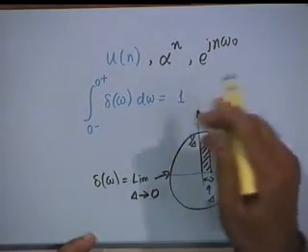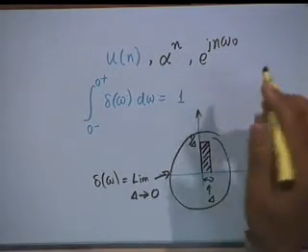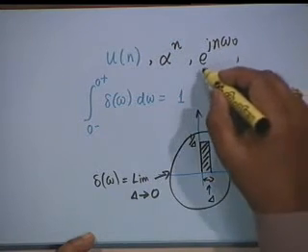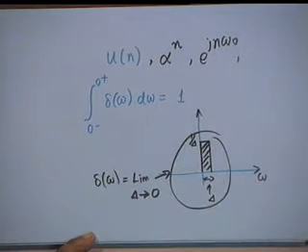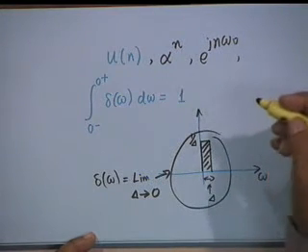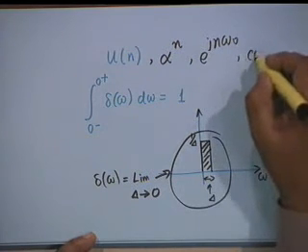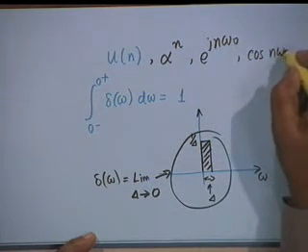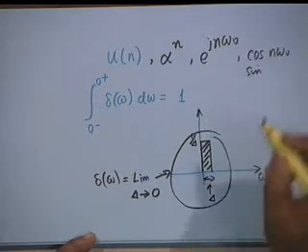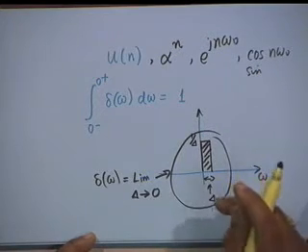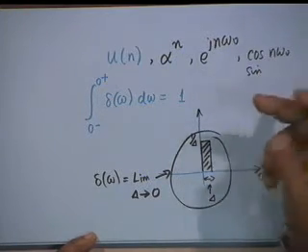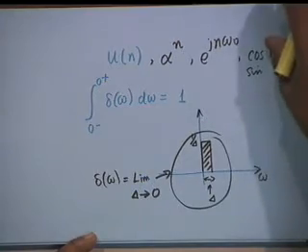This is also neither square summable nor absolutely summable. If e to the j n omega 0 has a Fourier transform, obviously its real part and imaginary part, which are sinusoidal, that is cosine or sine n omega 0, also should have a Fourier transform, because one is the real part and the other is the imaginary part.